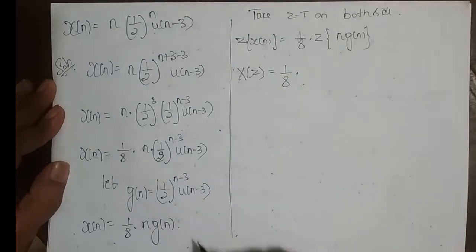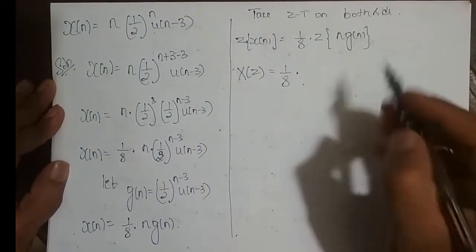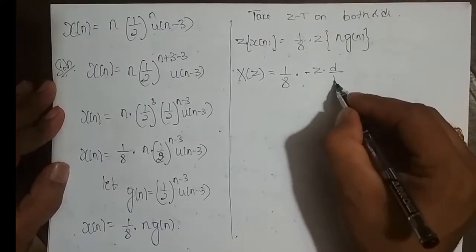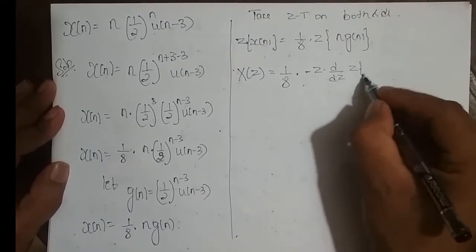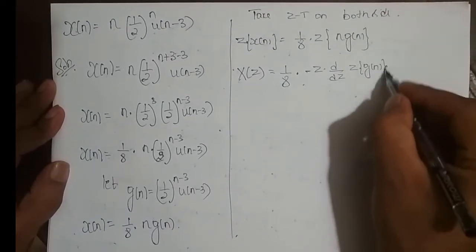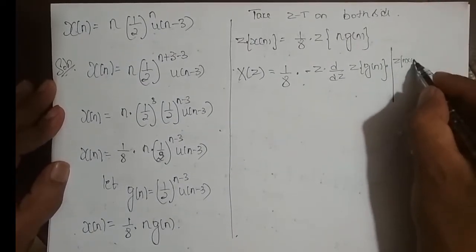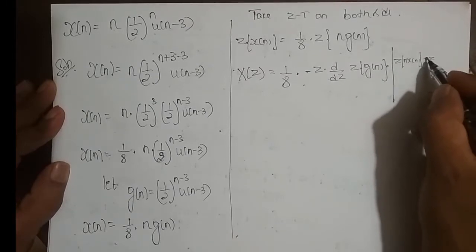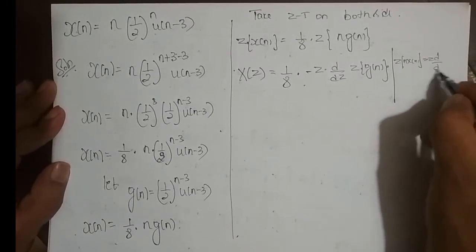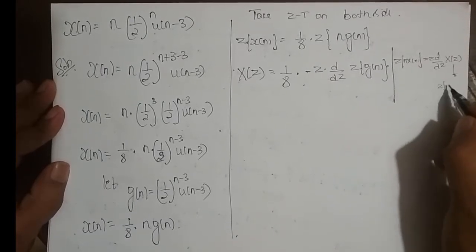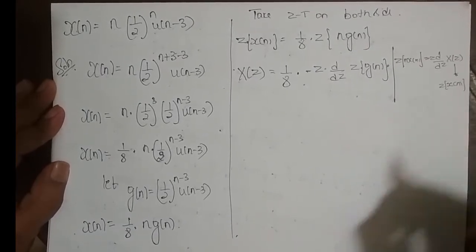Now this is multiplication by ramp, right? So what is its Z transform? Minus z into d by dz of Z transform of g of n. So Z transform of n into x of n is minus z into d by dz of x of z, but instead of writing x of z, I wrote Z transform of x of n.